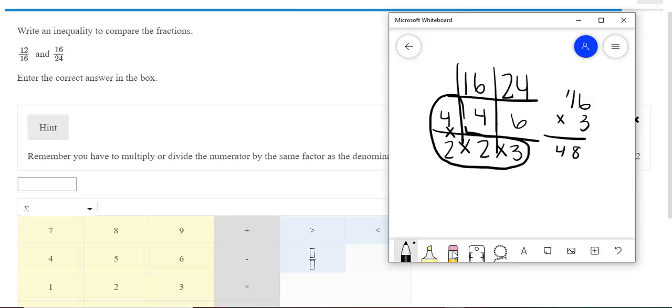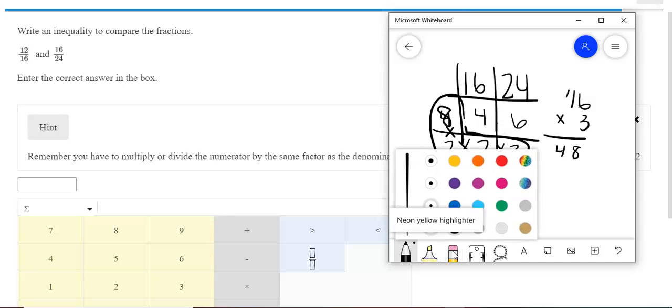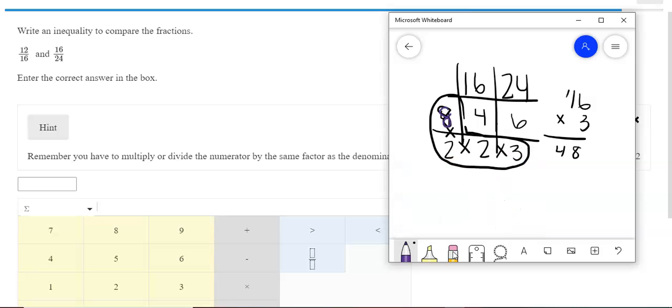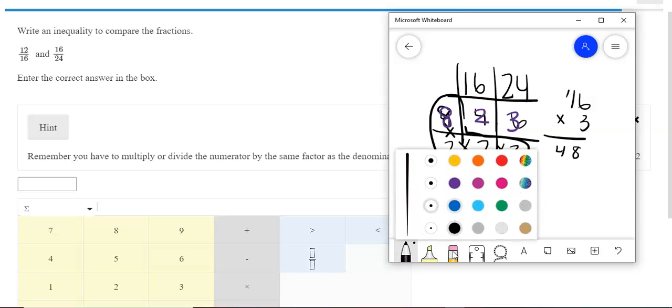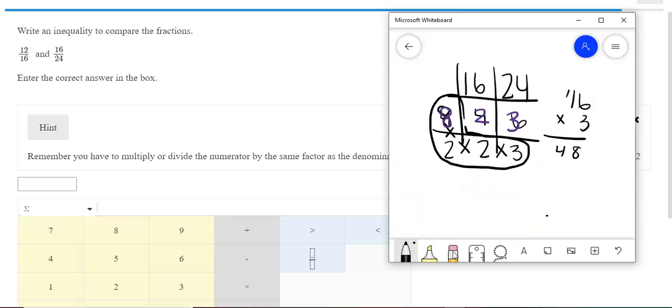You could have gotten to that a lot simpler if you would have started with an 8. And so you would have 8, 2, and 3. So I have 12 sixteenths, and I'm going to be multiplying that by 3, so I can get 48 on the bottom. 12 times 3 is 36.